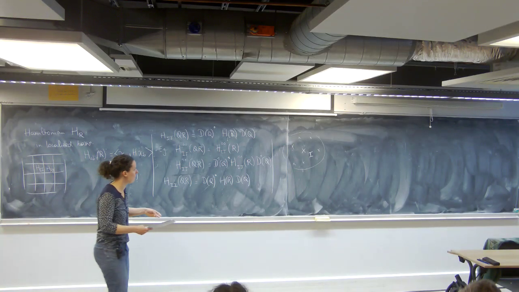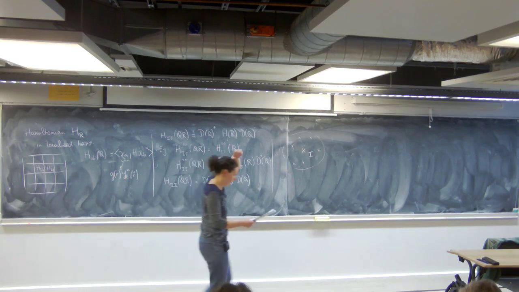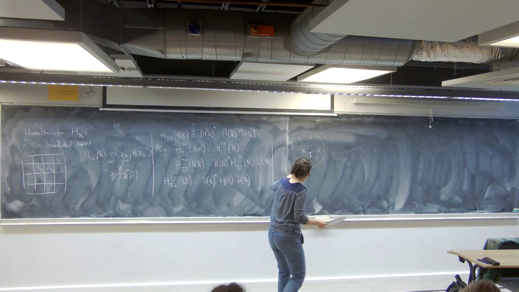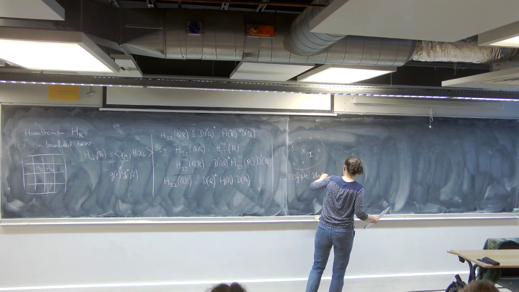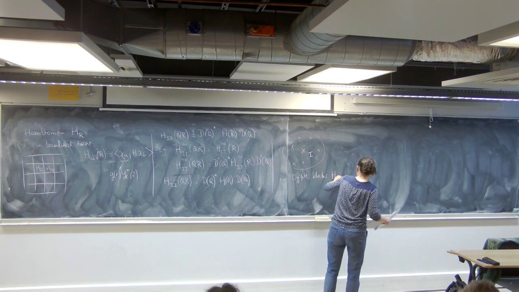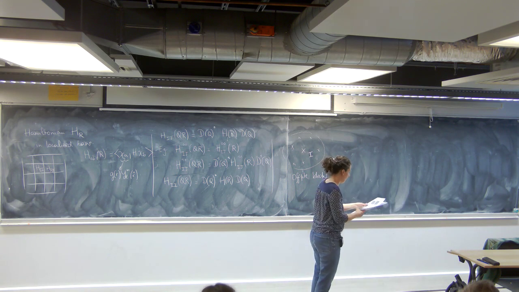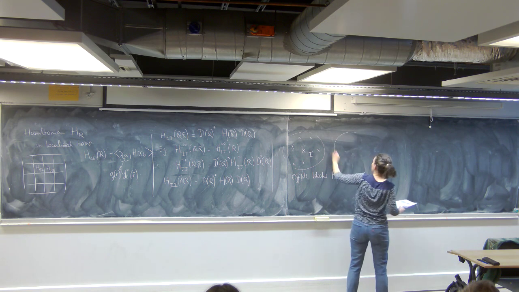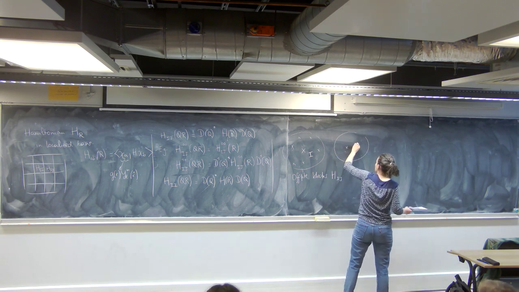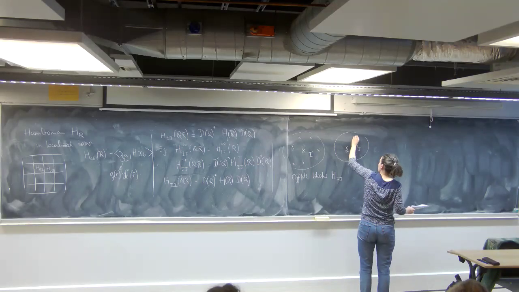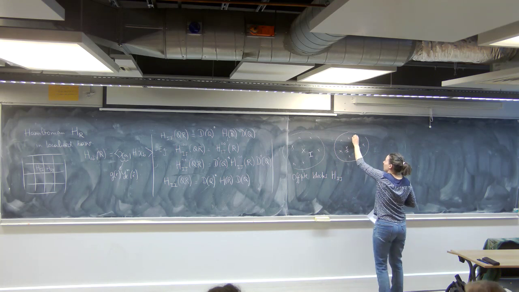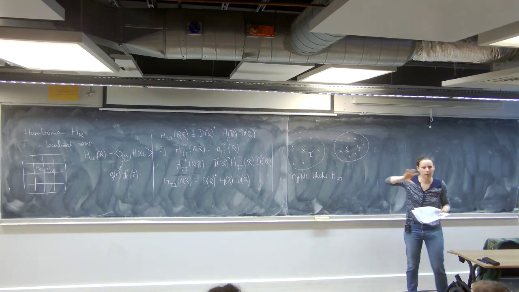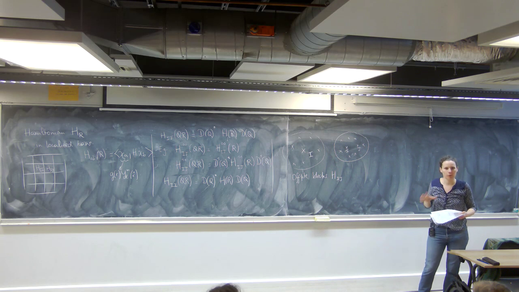Now, when we look at off-site blocks, H_ij, what happens here is that we have two atoms, I and J, and we don't have the environment of an atom to consider, but the environment of a bond.